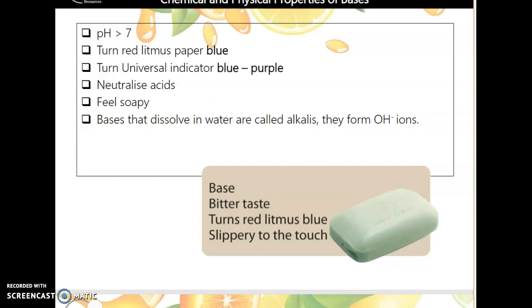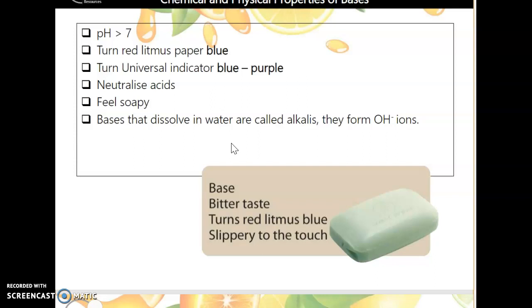Obviously, they neutralize acids, as we've already alluded to. They feel soapy or slippery, because they remove the oils and fats from your skin. That's actually what causes the slippery feeling. And this last part here, as I've alluded to, is what we're concerned with when we talk about the concentration of ions in a strong base.